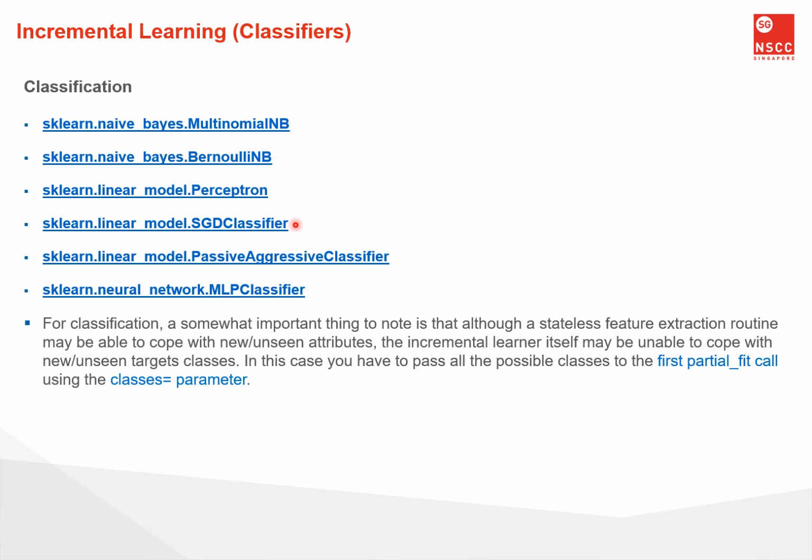It's very similar to SGD classifier, except the activation functions are different. And then we have another one, which we'll talk a little bit more about later on, something called the passive aggressive classifier. There's also a regression version of this as well.